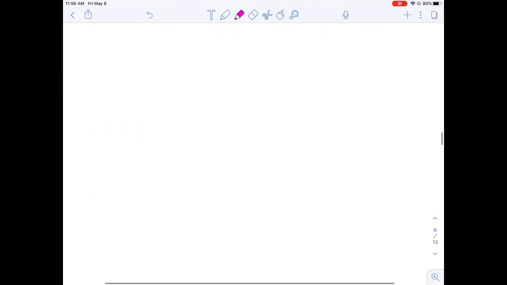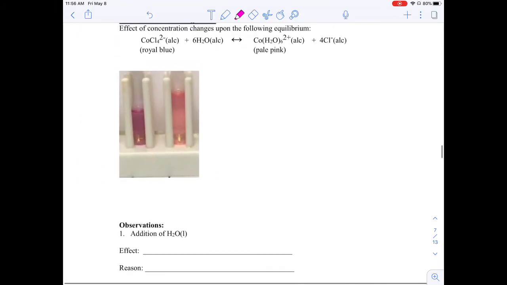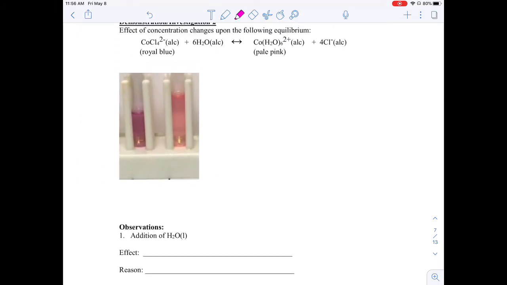And so to that end, we look at our first change and we're adding water. By adding some water here, I'm actually adding water as an entity that has molar concentration, so it needs to get used up, and so it's going to shift the equilibrium to use that water up. If these were aq, that would not be the case, but because they're dissolved in alcohol, it does matter.